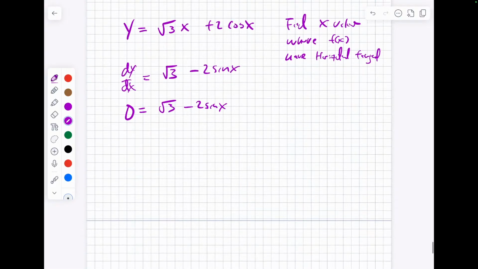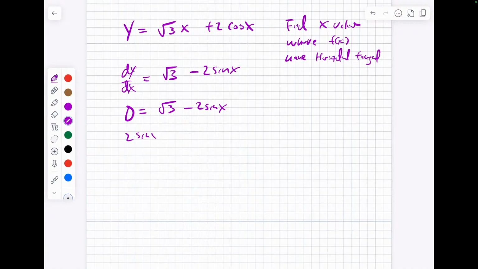So 2 sine of x is equal to square root 3. Sine of x equals square root 3 over 2. That's why we learn all the trig values, because now we can use them. Between 0 to 2 pi, when is sine of x equal to square root 3 over 2? Pi over 3. What else?